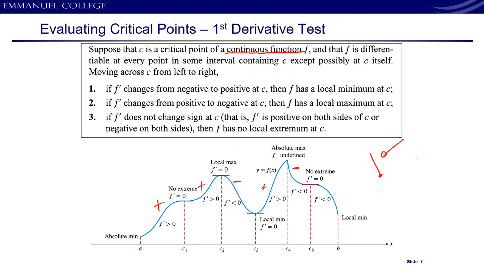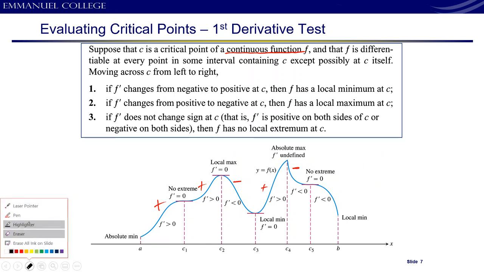So how do you classify it? And then the last one, at C5, you go from decreasing to decreasing. So again, decreasing, break, decreasing, not an extrema.